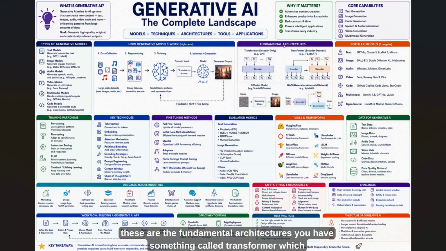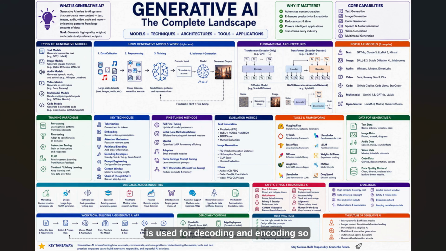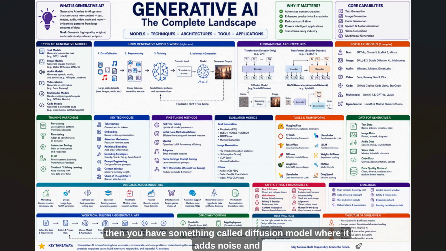So these are the fundamental architectures. You have something called a transformer, which is used for decoding and encoding. For decoder, you use GPT. For encoder, you can use BART, which again decodes it back. Then you have something called a diffusion model, where it adds noise and then removes the noise while generating the content.